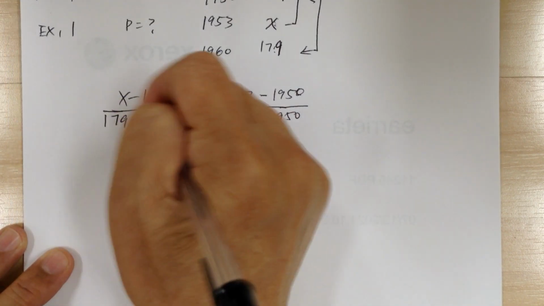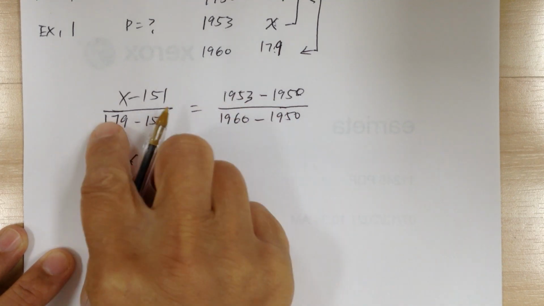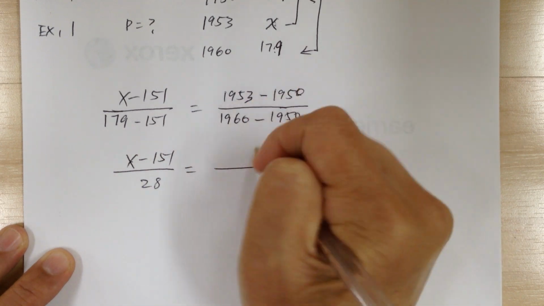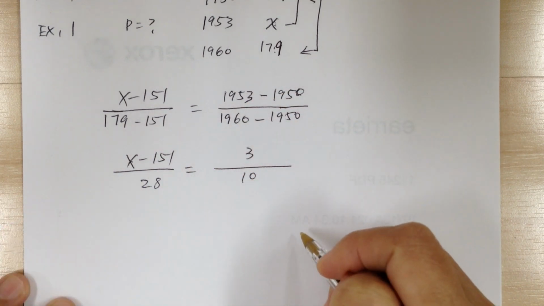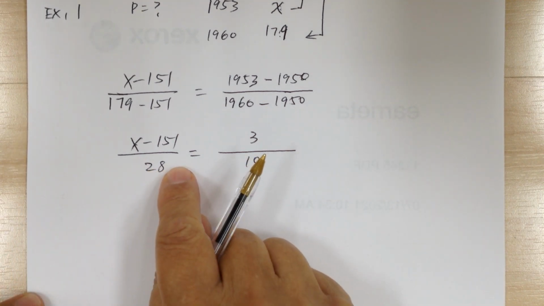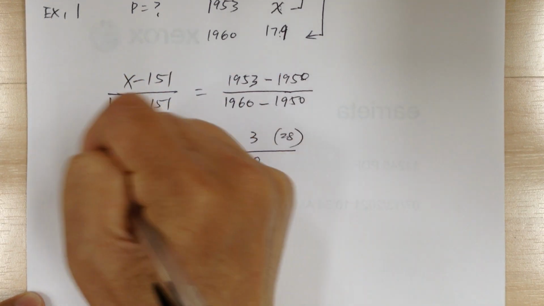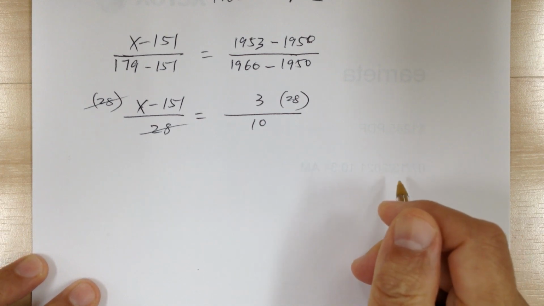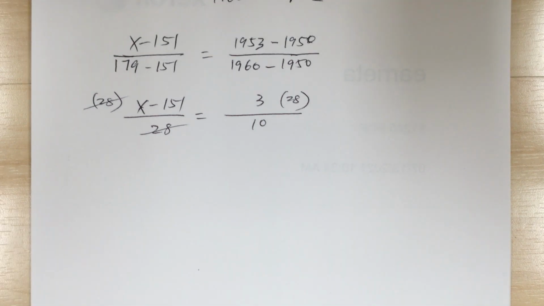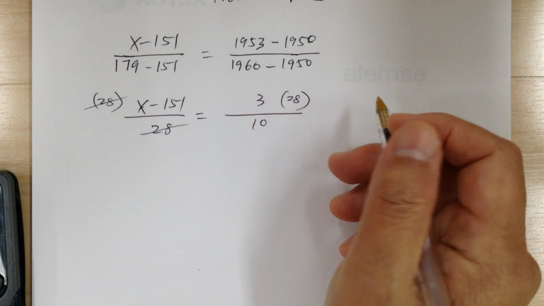Let's simplify things a little bit first. So x minus 151 over 28, since this subtraction gives you 28, and this one gives you 3, and this gives you 10. We're going to get rid of this 28, so I multiply by 28 on both sides so that it cancels out.